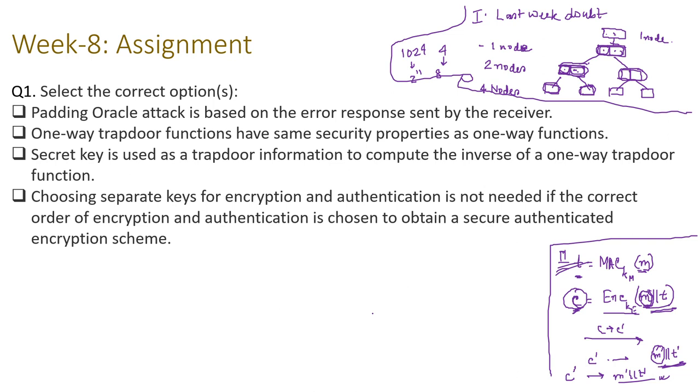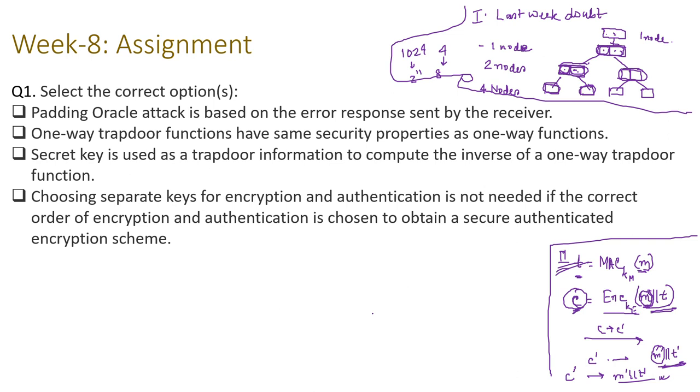So okay, I hope this makes sense that the statement that one-way trapdoor functions have the same security properties as one-way functions is wrong, because the security game of a one-way function and the security game of a one-way trapdoor function are different, but the underlying one-way property is the same.